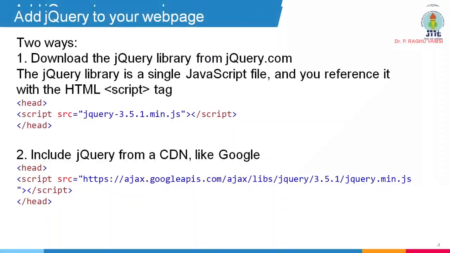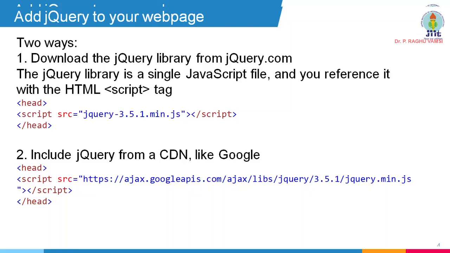So how do you add jQuery to your website? Like how we use React.js and other JavaScript libraries, either via installation or with the help of a content delivery network, CDN. In adding jQuery, we have two methods. One is downloading the jQuery library from jQuery.com.